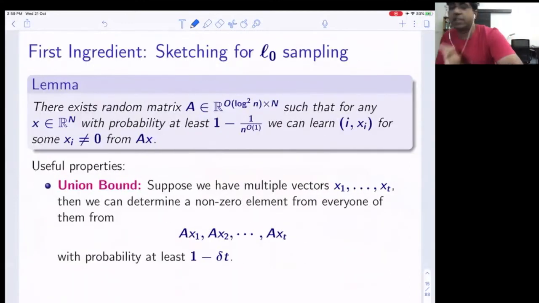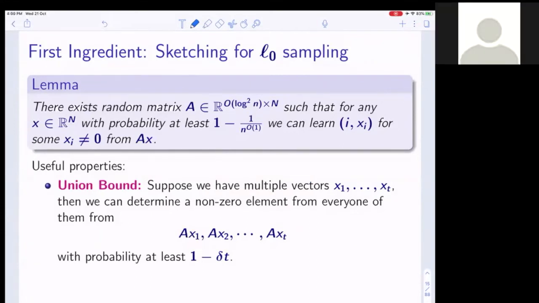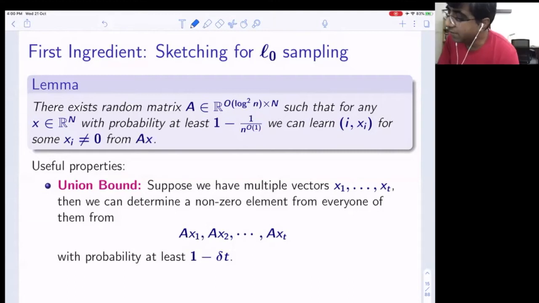So it has some very useful properties. Let's try to understand what useful properties we can have. Suppose we have multiple vectors, then we can determine a non-zero element from every one of them. This is just a union bound.